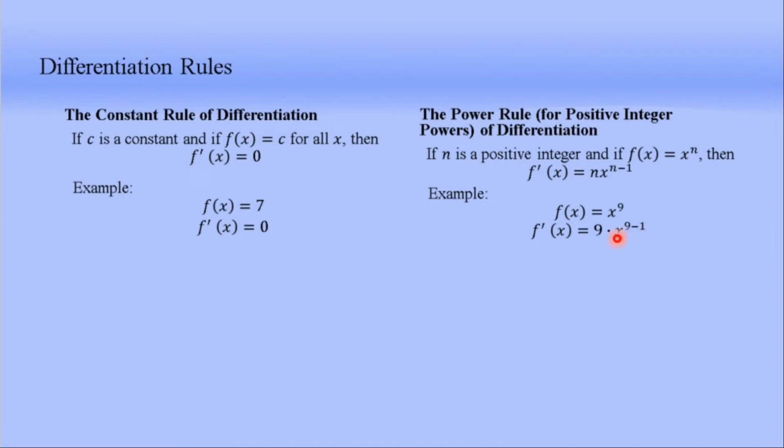So again, bring down 9, and we're going to subtract 1 from 9. So that is going to be 9x raised to the 8th power, since 9 minus 1 is 8.